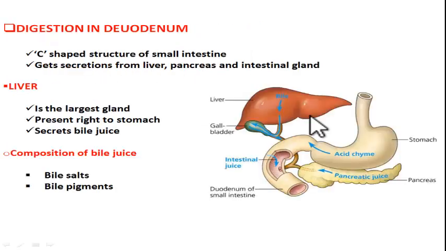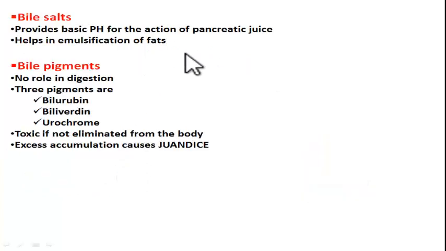For pancreatic juice to act on food, it requires basic pH, but the food coming from stomach is acidic. So these bile salts help in changing the pH to basic, that is more than 7. So now pancreatic juice can do its action.